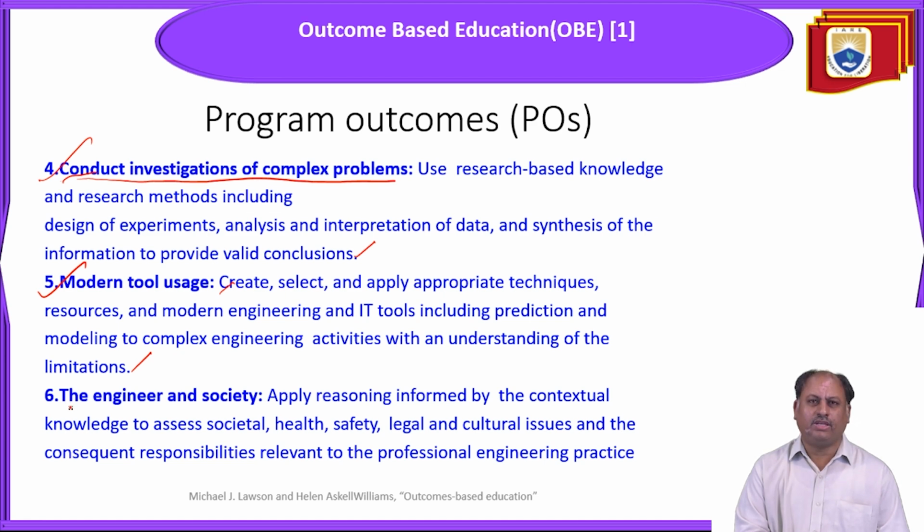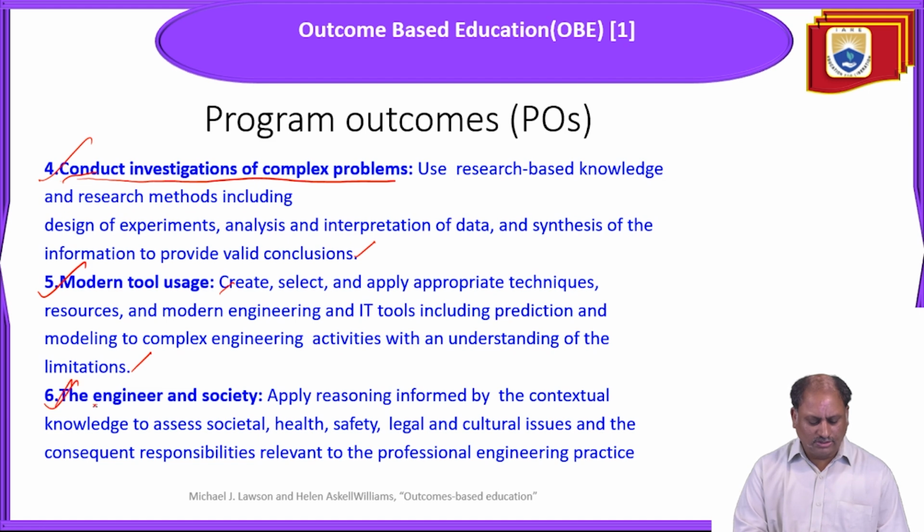That means for the corresponding course, there are several tools with which we can verify the results, so that based on that we can upgrade or move on to further studies. That is the modern engineering and IT tools.